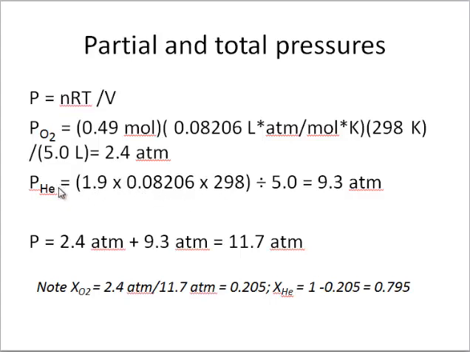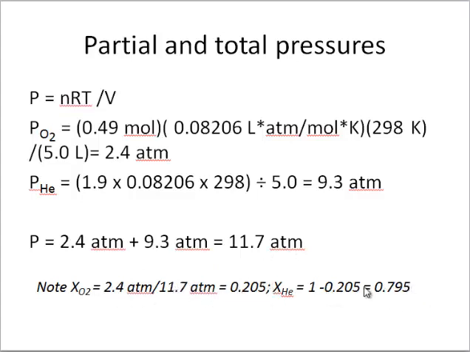Again, I show the calculation is the same for helium. I don't show the units. We get 9.3 atmospheres. Total pressure, P, is 2.4 plus 9.3, or 11.7 atmospheres. Mole fraction is 2.4 divided by 11.7, or 0.205.